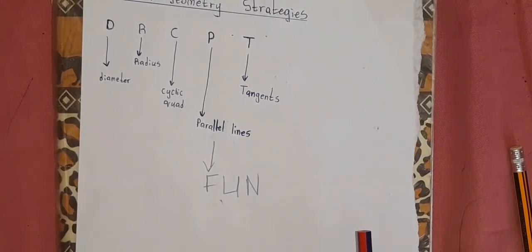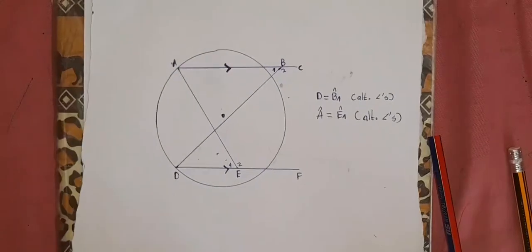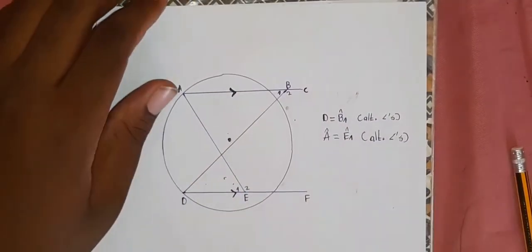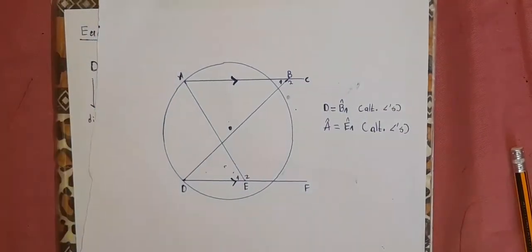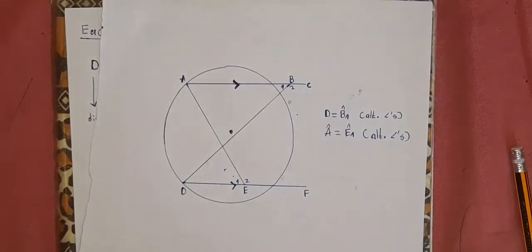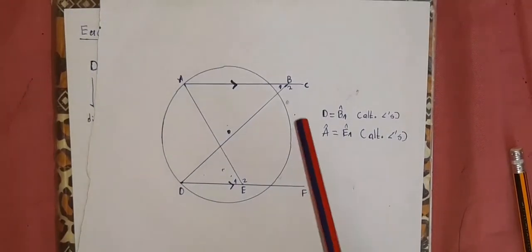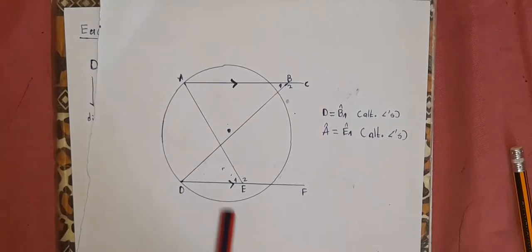So let's look at parallel lines. Let's say you have this kind of shape here. They tell you that these lines here are parallel.